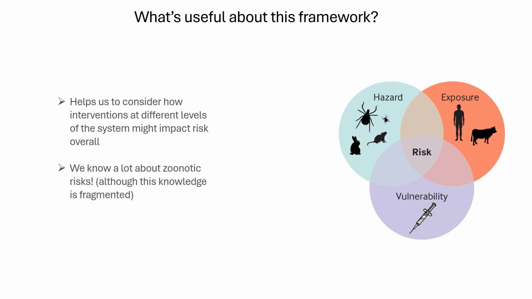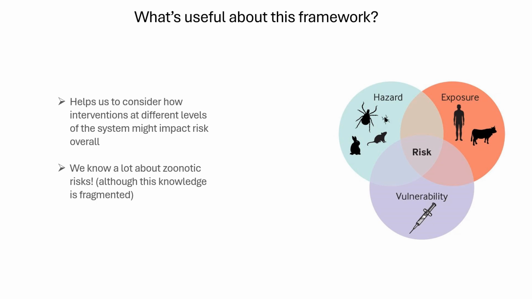And I think this helps me to very clearly think not only about the knowledge that exists on these different drivers of risk, but also where interventions that are targeting different levels of the system might actually be acting on risk, and how we might think in a more joined up way about interventions that prioritize these jointly rather than just tackling one at a time.